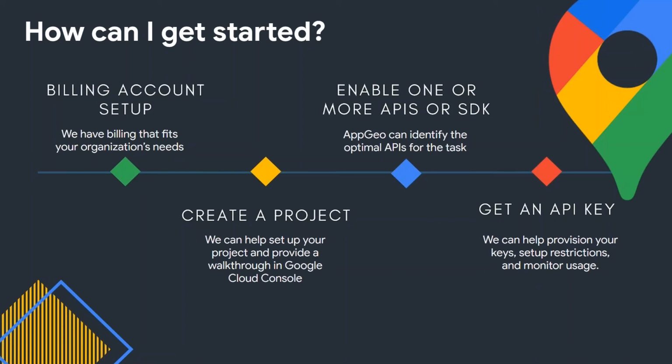From there, you go ahead and just enable those APIs. We have a free $200 credit that's applied once a month. So if you're just very new to Google Maps and looking to get started, you can go ahead and start playing around, and you have that $200 free credit of usage that you can access right away. And then from there, of course, getting the API key, and you're set.